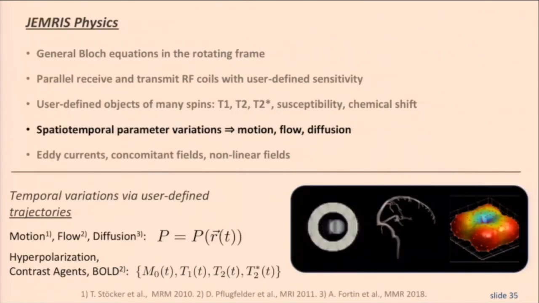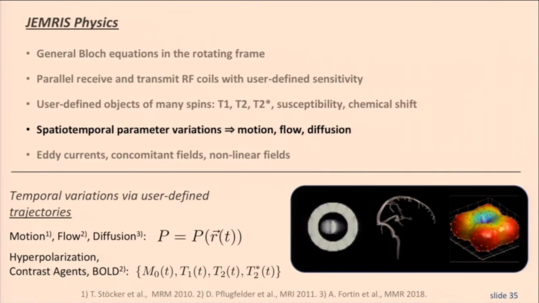Another thing we implemented is any kind of spatio-temporal variation of the object that can be used for simulating motion, seen on the left, or simulating flow, seen in the middle, or also simulating diffusion of spins.